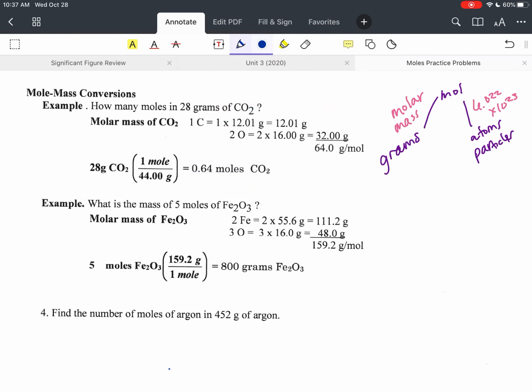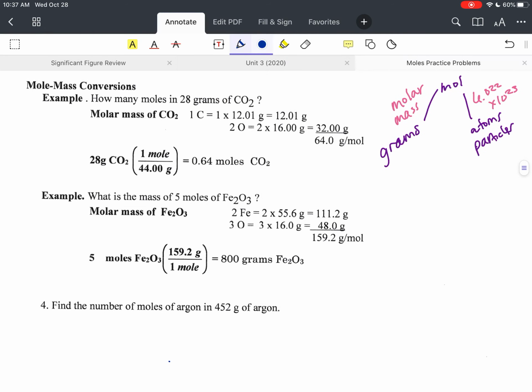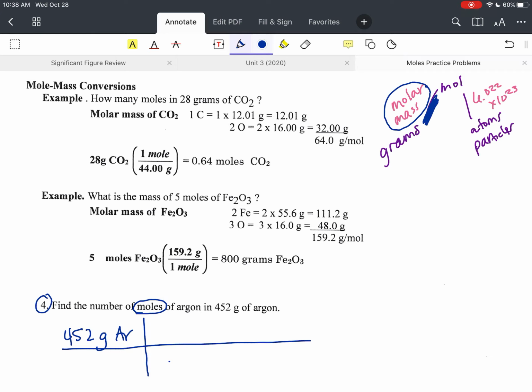Okay, so I'm going to look at my equation number 4 here. And I'm looking for number of moles. I'm always going to start writing down what I'm given: 452 grams of argon. So if I'm going from grams to moles, I know I'm going to be on this side of my map. And what I'm going to need in order to convert is this molar mass.